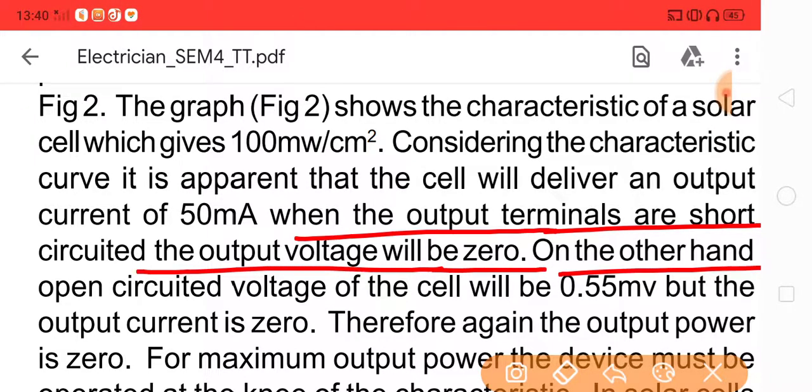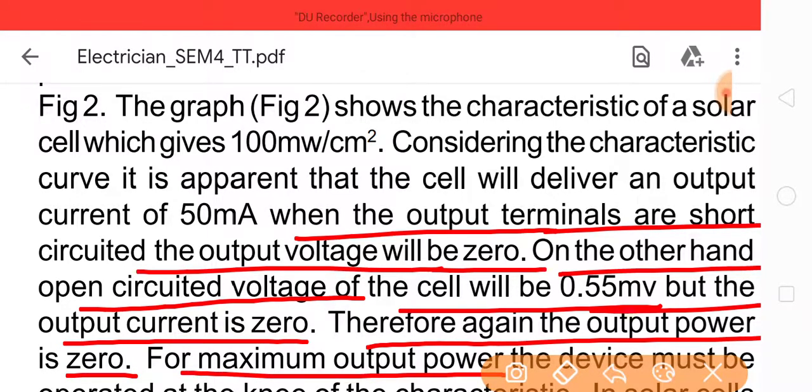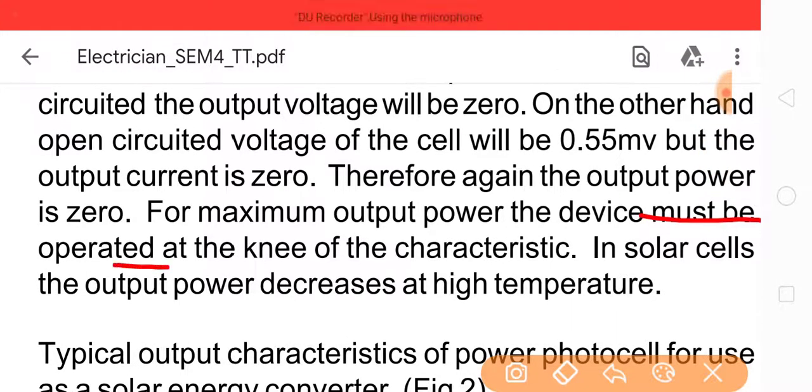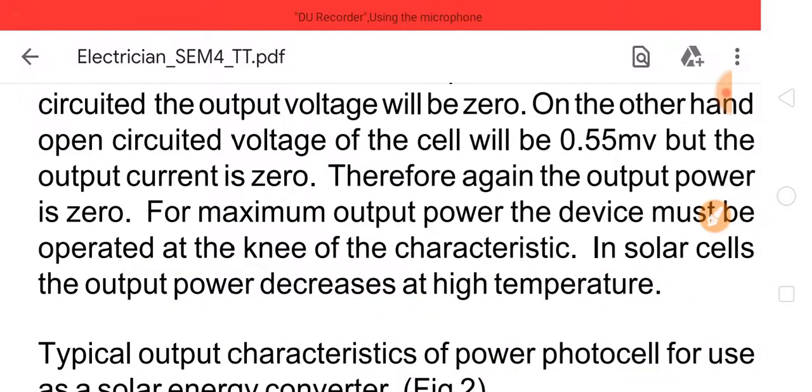On the other hand, the open circuit voltage of the cell will be 0.55 volt, but the output current is 0. Therefore, again the output power is 0. For maximum output power, the device must be operated at the knee of the characteristic. In a solar cell, the output power decreases at high temperature.